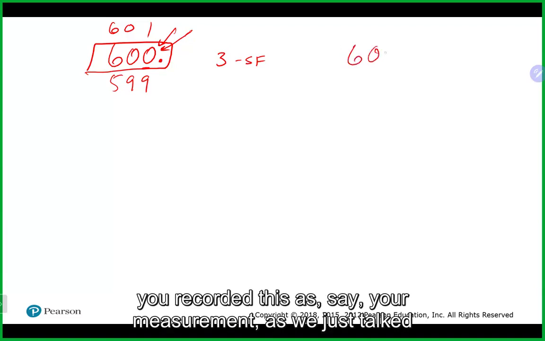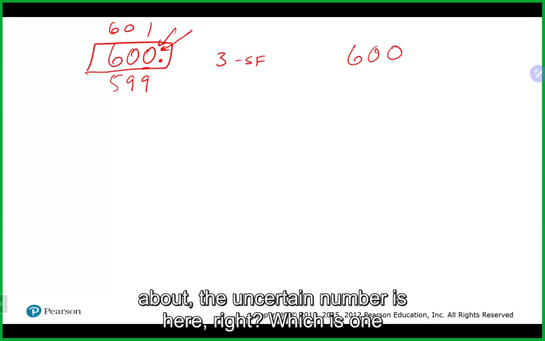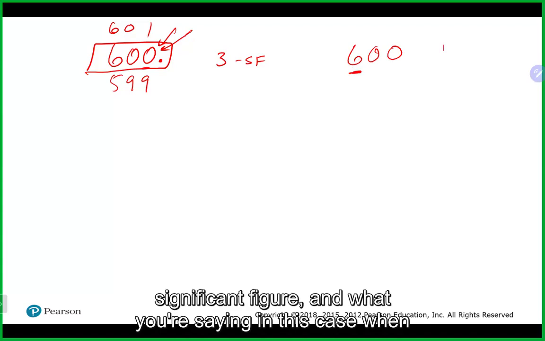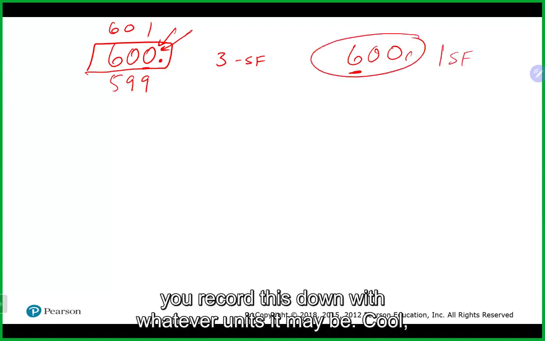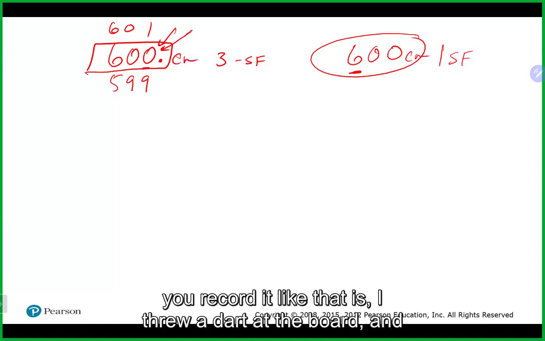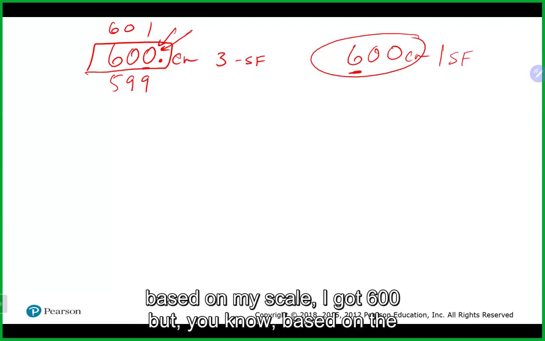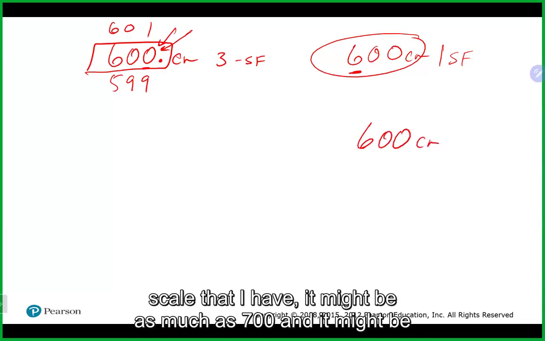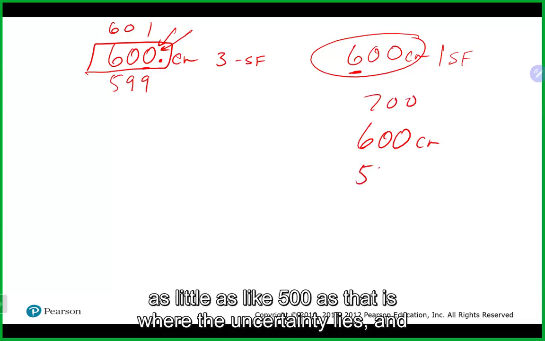If you recorded this measurement with the uncertain number here, which is 1 significant figure, with whatever units, say centimeters in both cases, what you're saying is, I threw a dart at the board and based on my scale, I got 600. But based on the scale I have, it might be as much as 700, and it might be as little as 500, as that is where the uncertainty lies.